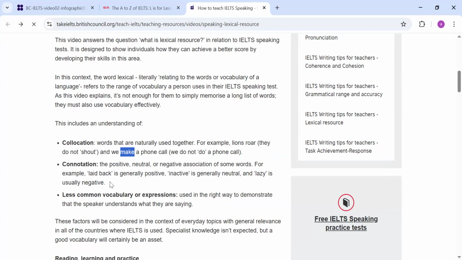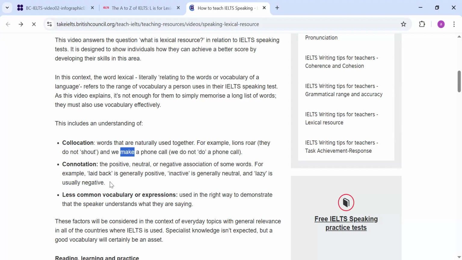When we say the person is lazy, we are talking about a negative context, like the person is not doing things quickly. If we say the person is not active, that person is not doing physical exercise. So some words are neutral, some positive, and some negative.